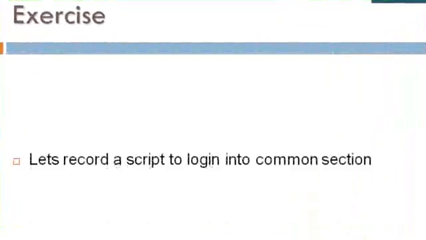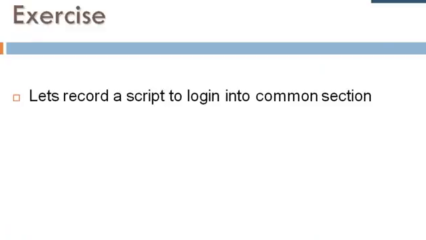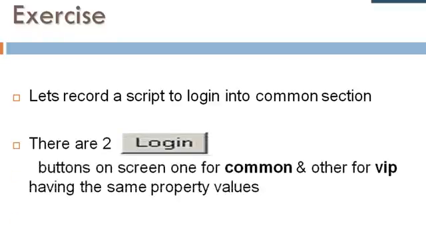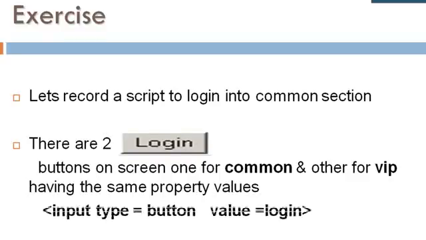As an exercise, let's record a script to login into the comment section. In our case, there are 2 login buttons on screen, one for common, another for VIP, having the same property values. Input type equals to button and value equals to login.